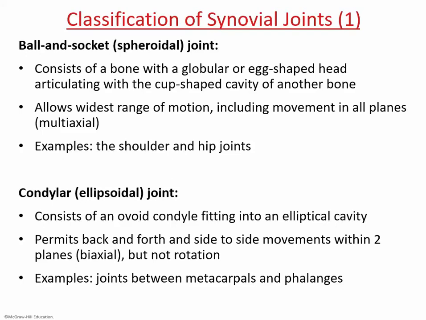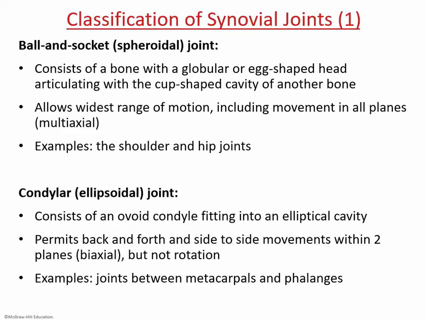Now, this allows movement in a lot of different planes. You can flex, you can extend, you can abduct and adduct, and you can rotate. The ball can turn. And you can do something called circumduct, which is flexion, extension, abduction, and adduction, all done more or less simultaneously. It's the widest amount of motion. The only motion that the ball and socket joint can't do is glide, which means to slip sideways.